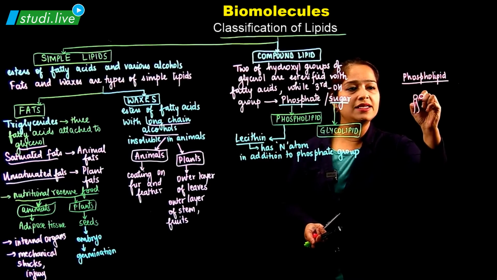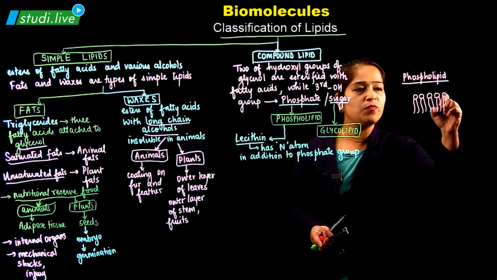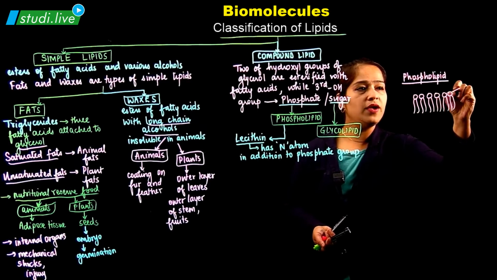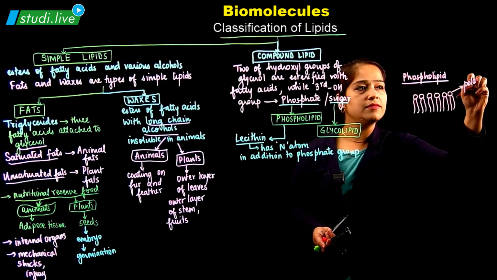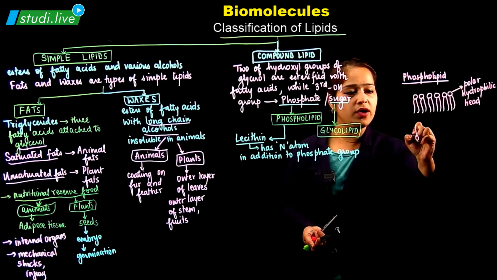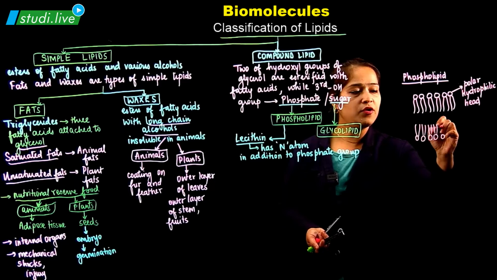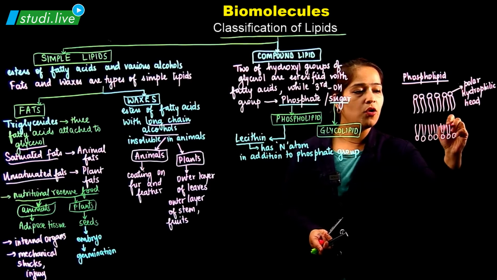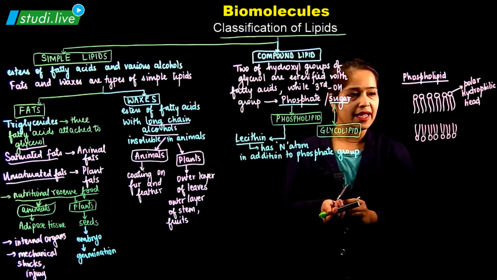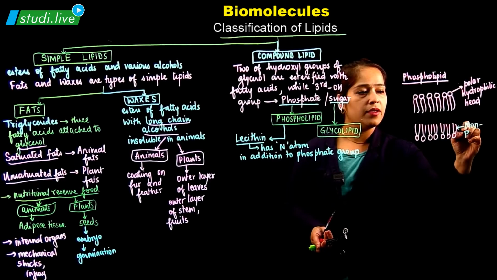In the cell membrane we can see a phospholipid double layer, a bilayer membrane, which is described by the fluid mosaic model. Here we have the polar hydrophilic head, whereas here we have the non-polar hydrophobic tail.